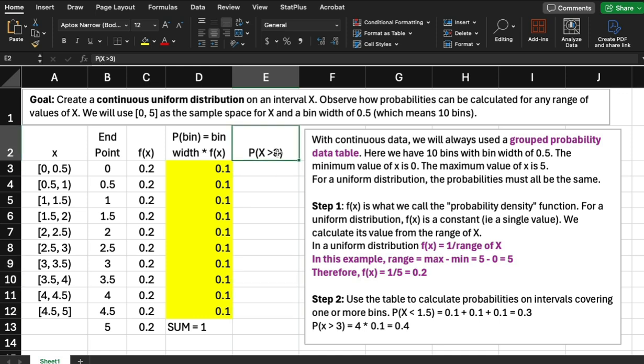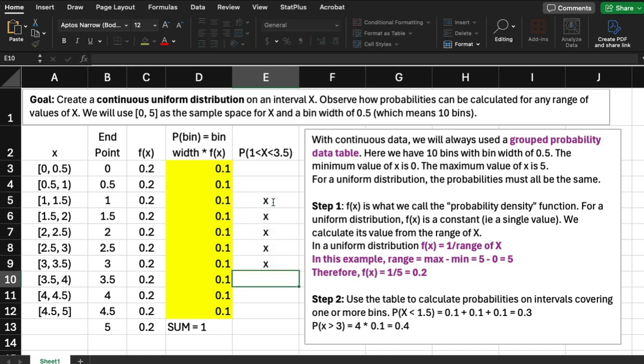Let's do just one more. How about 1 is less than x is less than 3.5? So x is between 1 and 3.5. So basically, go to the first bin, the bin that starts at 1, that's here, and go up to 3.5.